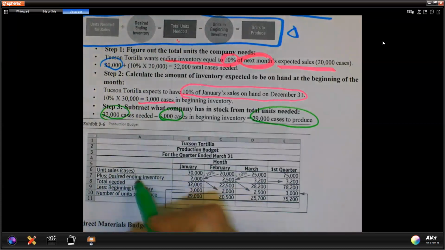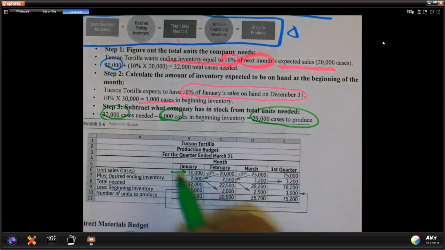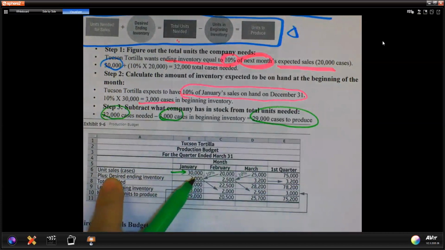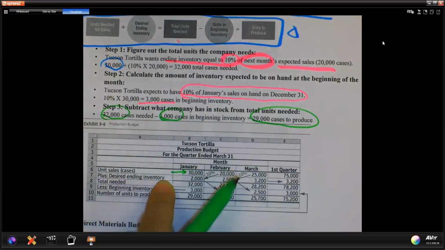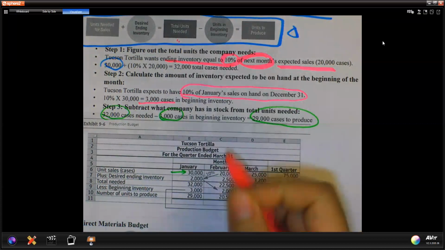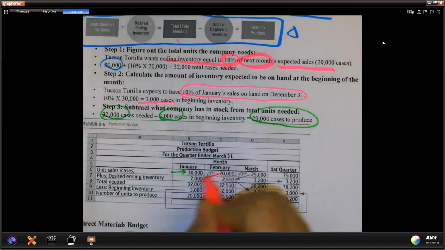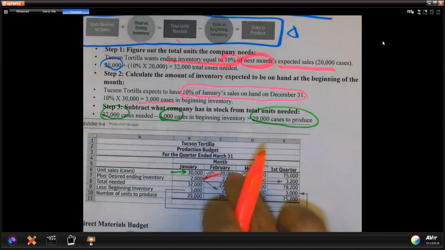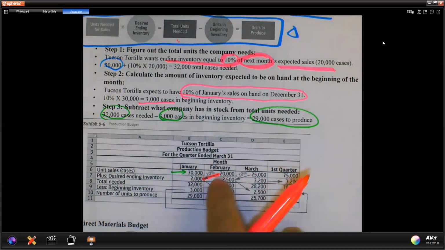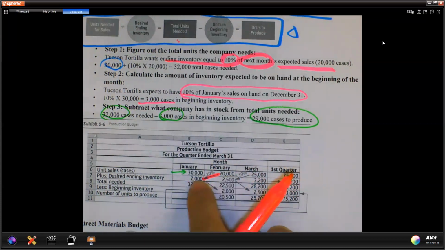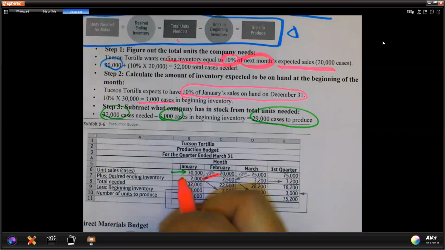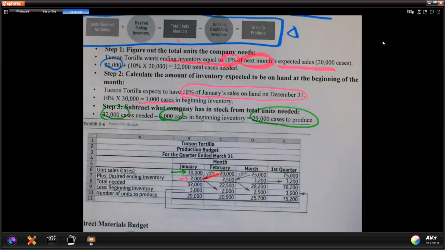We want to sell 30,000 units in January, right? But we also have a desired ending inventory. The desired ending inventory is 10% of your next month's sales. So we need 10% of 20,000, or 2,000, as our ending inventory. So in total we need 32,000.